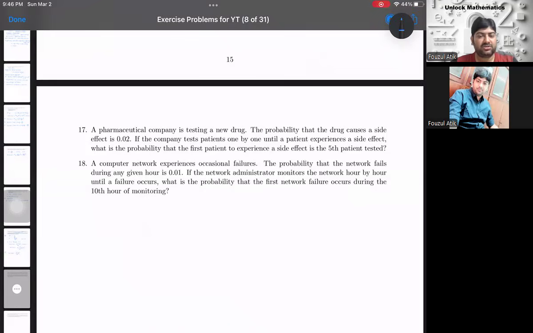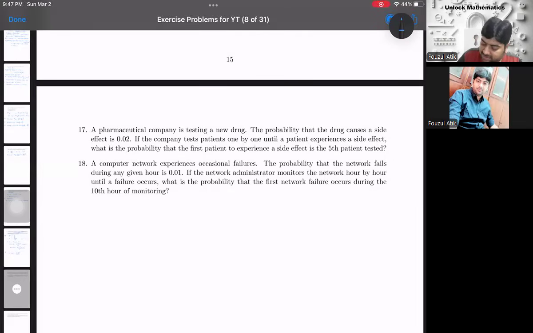The random variable was counting the number of trials to get the first success, right? And here it is the same thing. So you have to understand this actually follows the geometric distribution with probability of success being the probability that a patient will have the side effect.